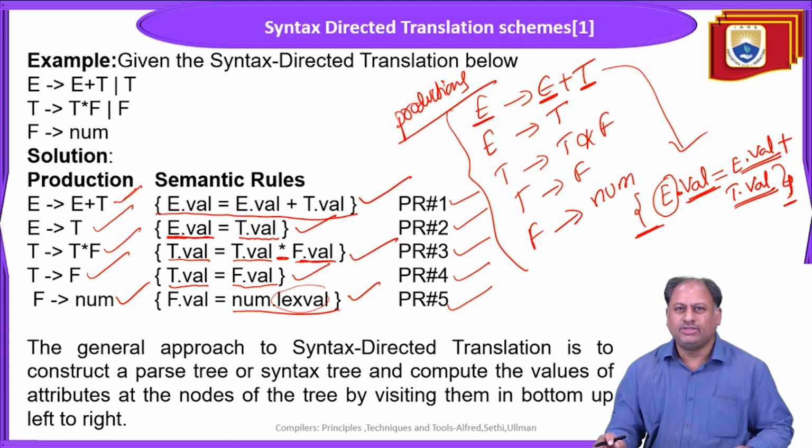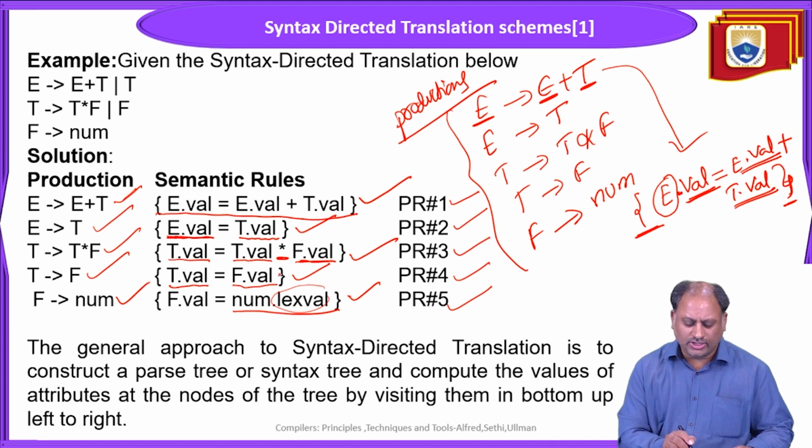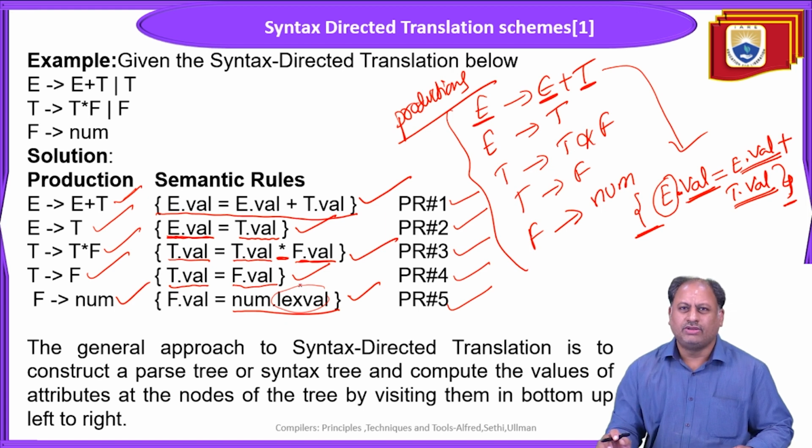This is used for the construction of the parse tree and also the syntax tree, in order to compute each and every attribute associated value by visiting each tree node, and then compute the notations, summarize the values from left to right and get the final result. It is very useful.